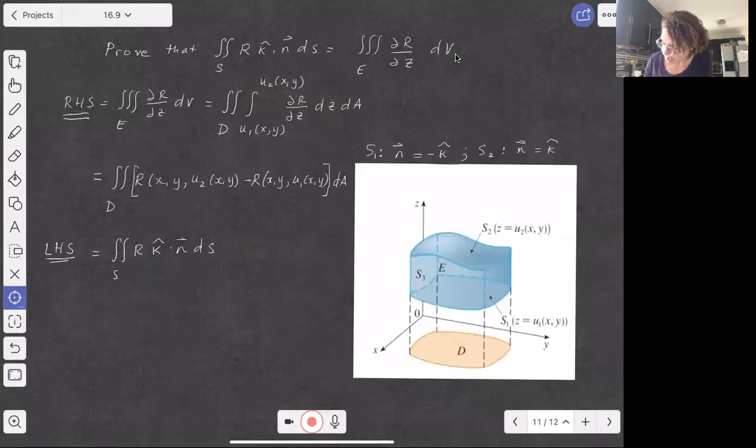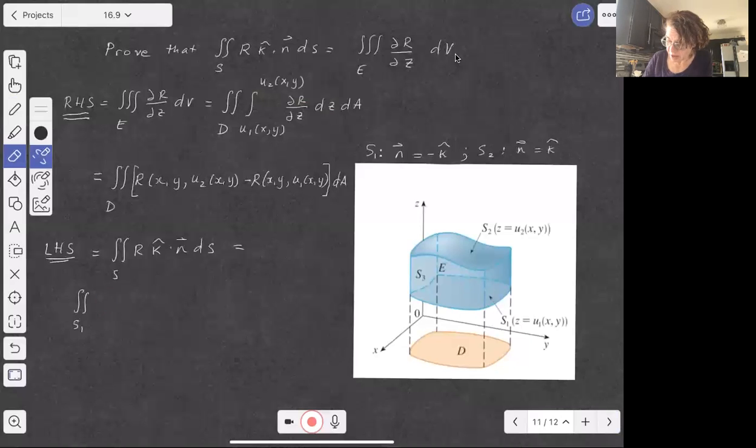So we're going to rewrite this as the integral over S1 of R. The normal on S1 is minus k, so k dotted with minus k is going to be -1.